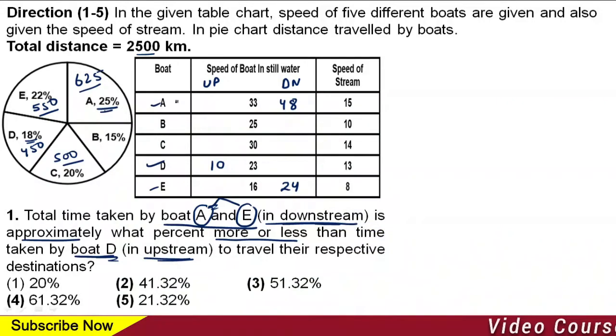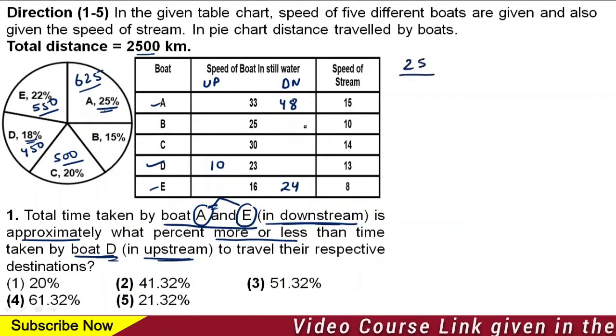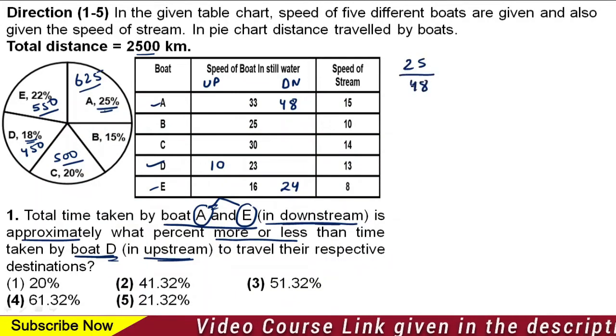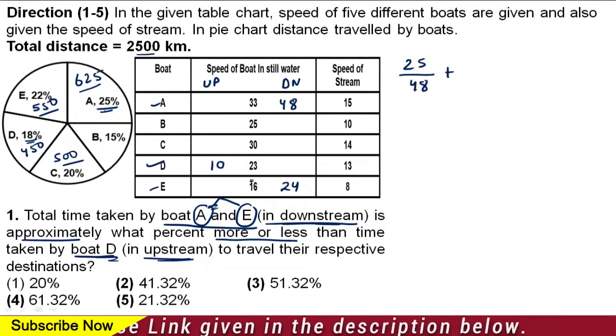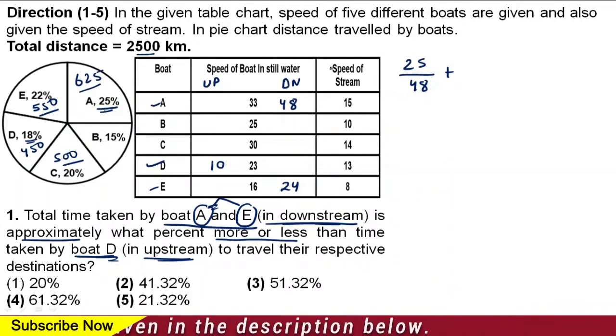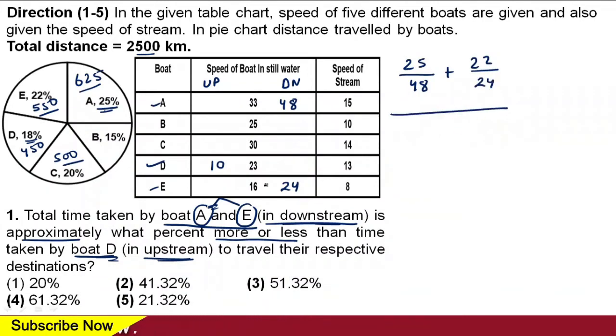Now, boat A, 25% of the distance is traveled at 48 kilometers per hour, right? Plus for boat E, 22% of the distance is traveled at 24 kilometers per hour. And then we compare it with boat D, which says 18% of the distance is traveled at 10 kilometers per hour.